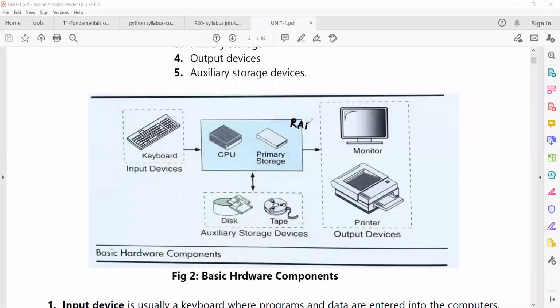This primary storage is RAM, random access memory, and this one is ROM, because it is permanent. You are permanently storing the data. Already you know the difference between RAM and ROM. Again I'm going to tell: RAM is a primary memory, which is a temporary memory.